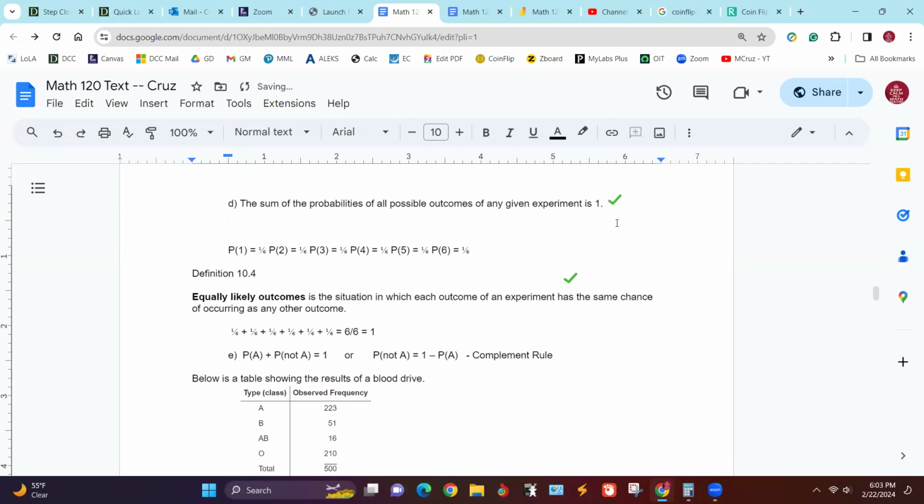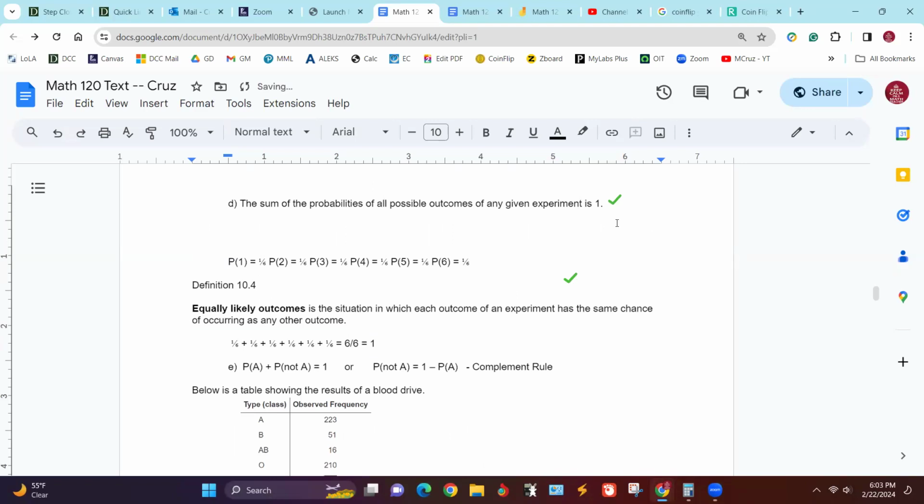So that would be like this: probability of A plus the probability of not A. And that means the same thing as the complement. Remember over in chapter 2, it was like a little apostrophe. These add up to be 1.